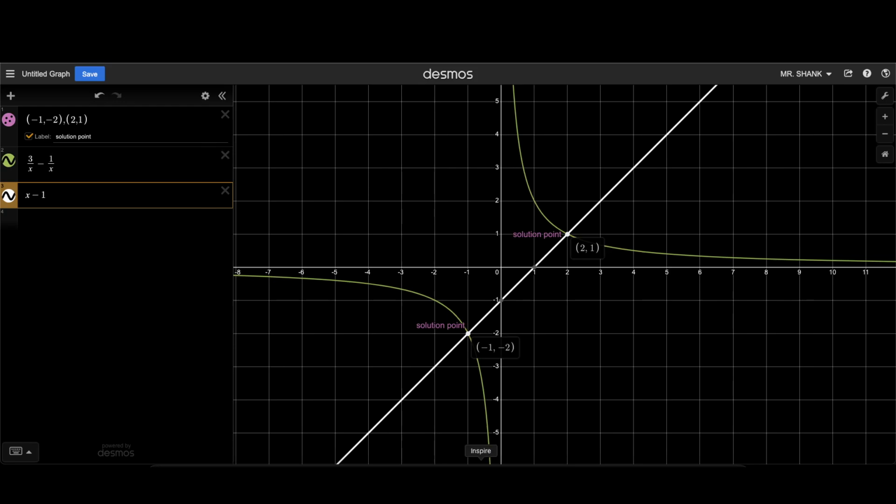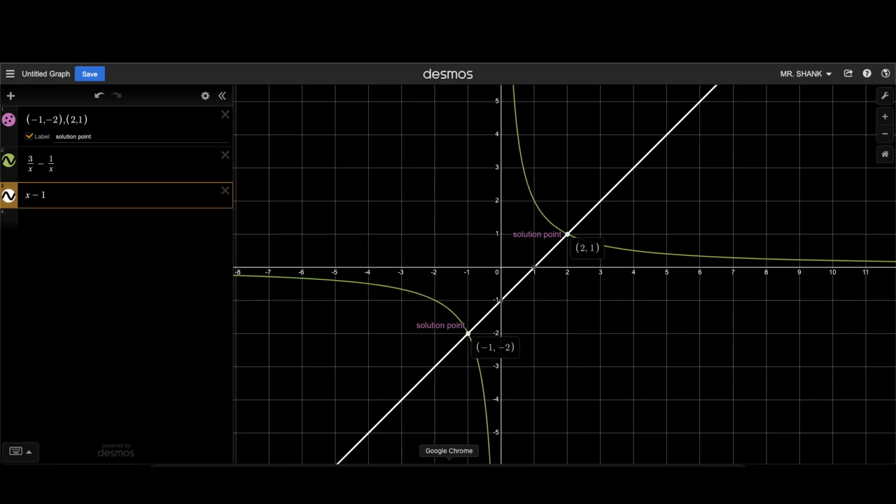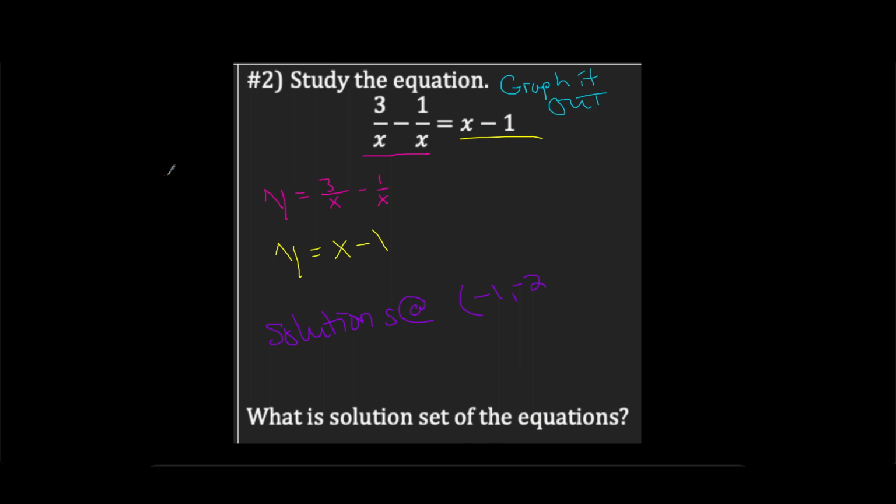So for our answer, I'm going to say solutions, because we have plural. So we have solutions at -1, -2. Let me triple check again one more time. Yep, and 2, 1.